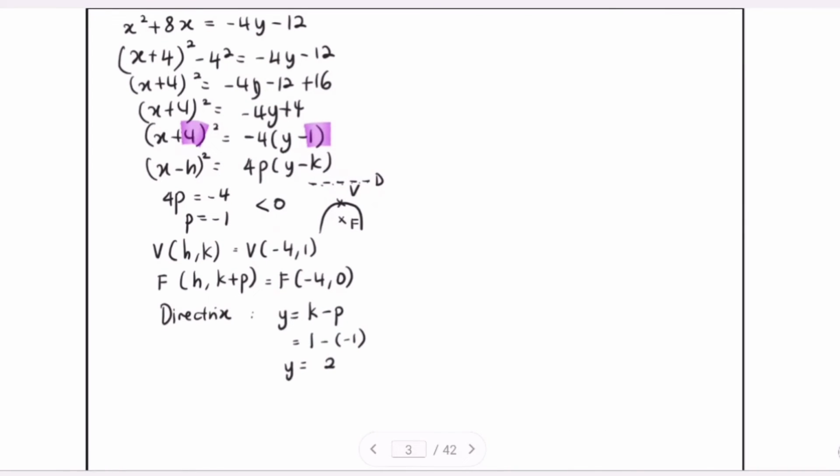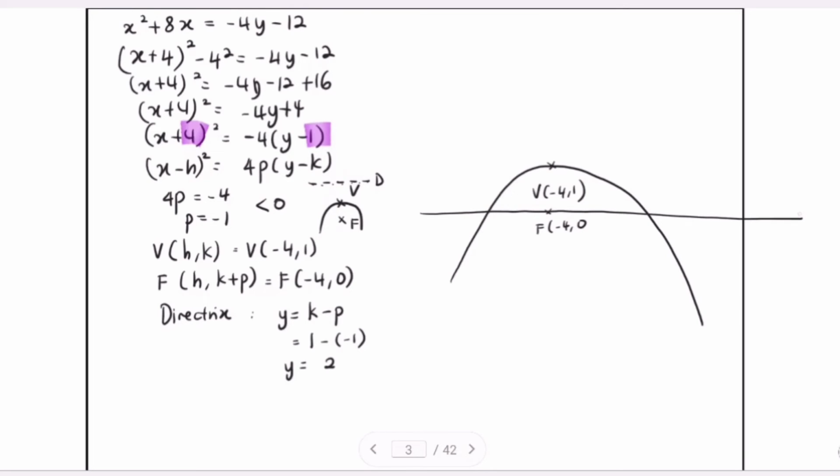Let's sketch the graph. So basically you know that the shape is open downward. So let's label V over here. That will be negative 4, 1. And this is our F, which is negative 4, 0. So this is the x-axis.